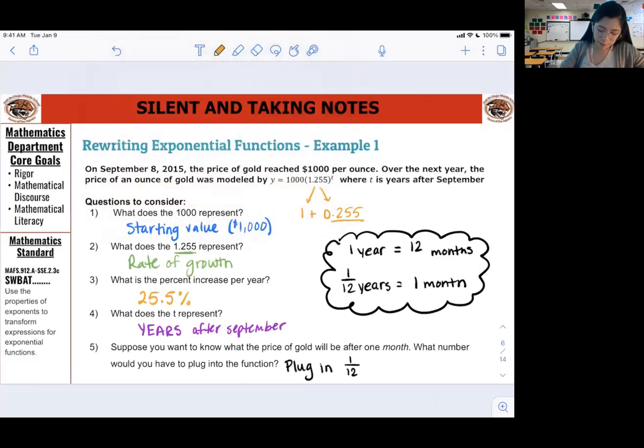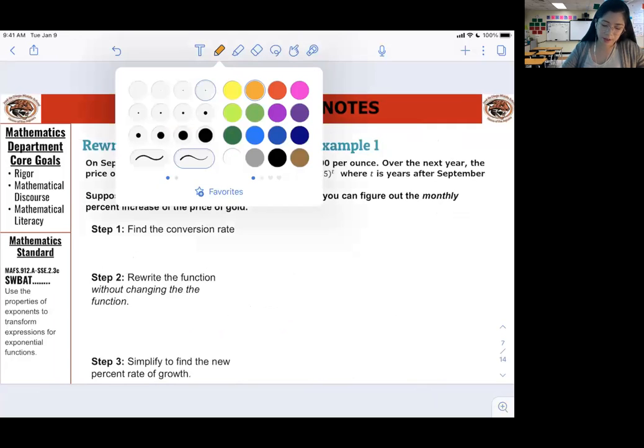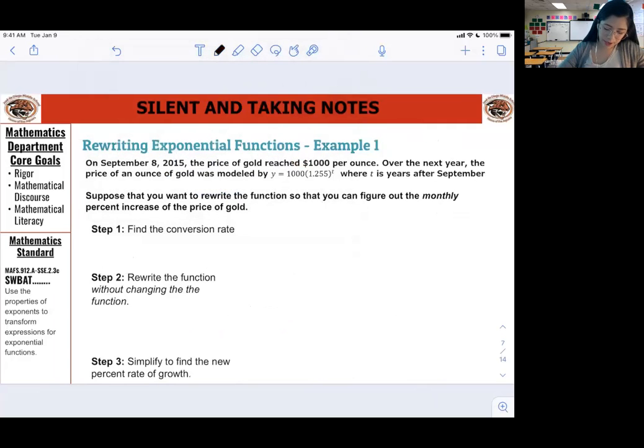And that's 25.5% per year. But if I want to know the percentage per month, that's what we're going to have to change. So we're going to have to change up this function. So the first thing, like we already did, we're going to find the conversion rate. And remember, we already wrote this down. We said that 1 month is 1/12 of a year.